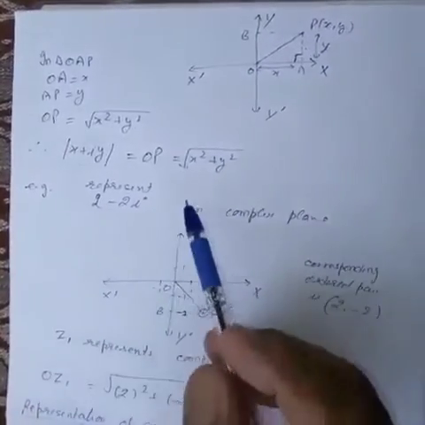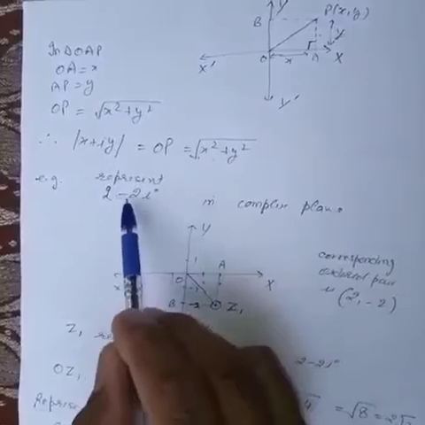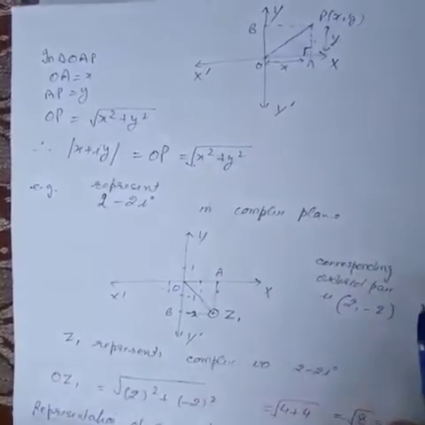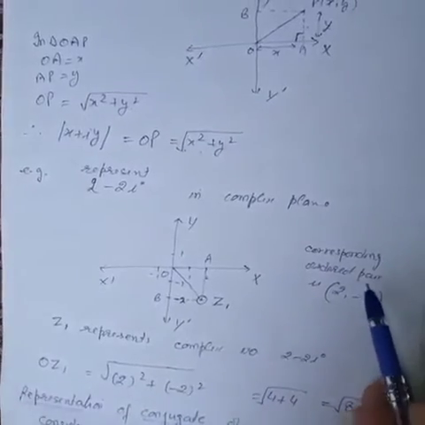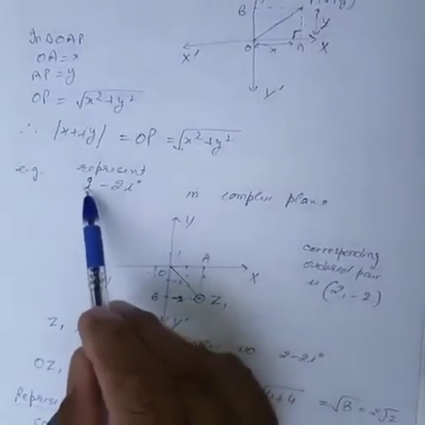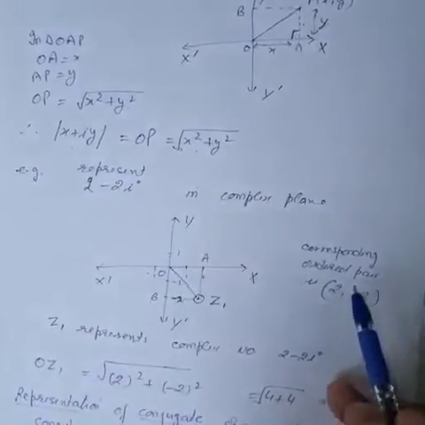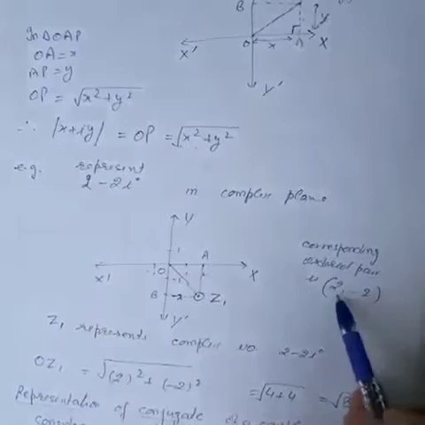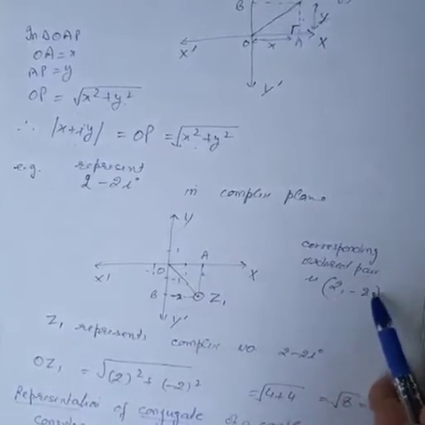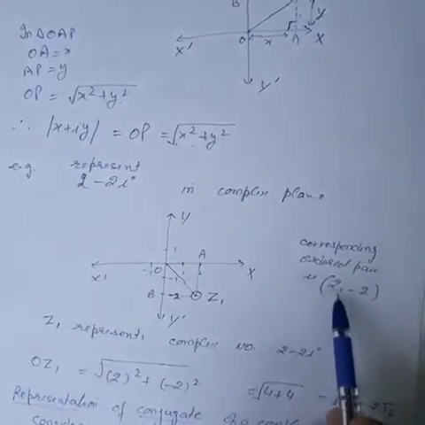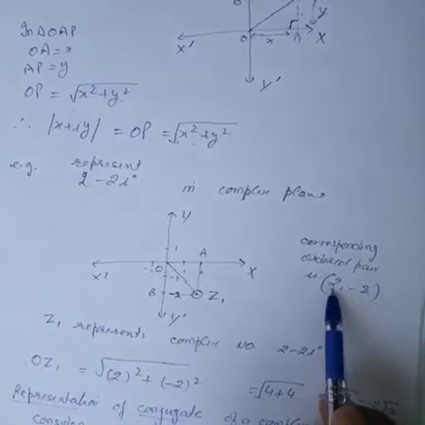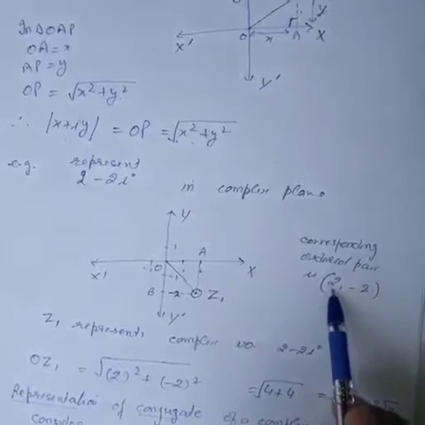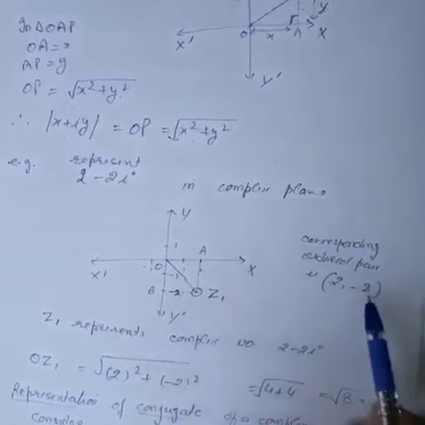Now example, represent 2 minus 2 iota in the complex plane. Write the corresponding ordered pair, taking first the real part, which is 2. Now what is the imaginary part of this complex number? It is minus 2. So (2, -2) is the corresponding ordered pair. 2 unit distance along the x-axis is positive, and the distance along the y-axis is negative.